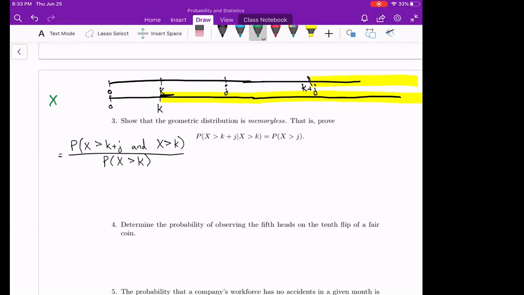This bottom one represents X being greater than K, and this top one represents X being greater than K plus J. Where do their shadings overlap?